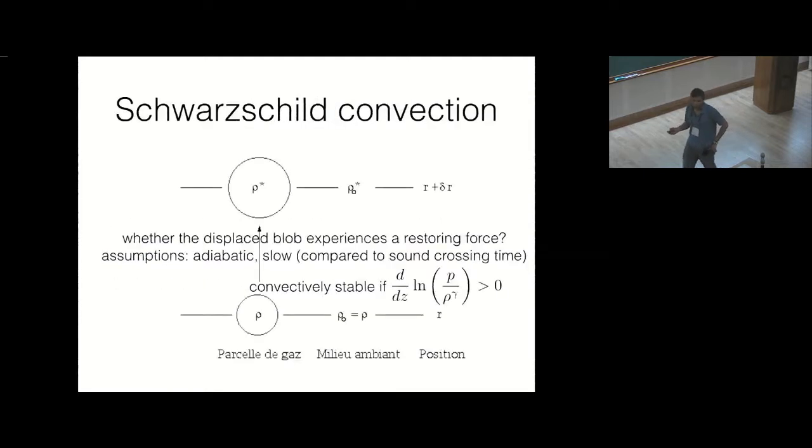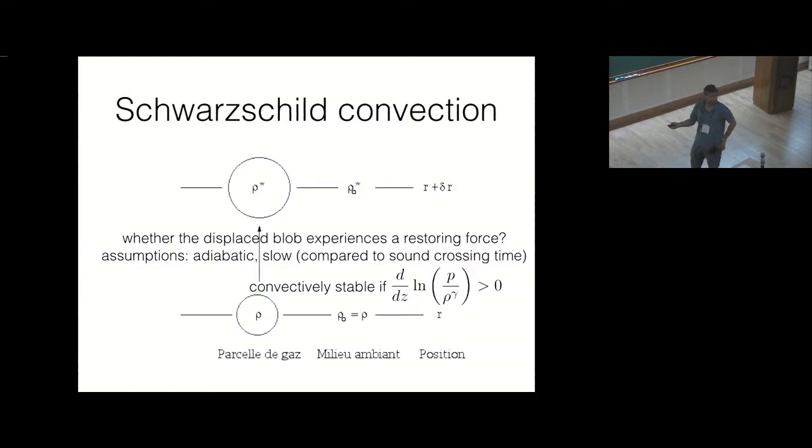So, everyone knows about normal convective instability. If you have a stably stratified fluid, and you displace a blob from its mean position, it experiences a restoring force which pushes it back to its original position.